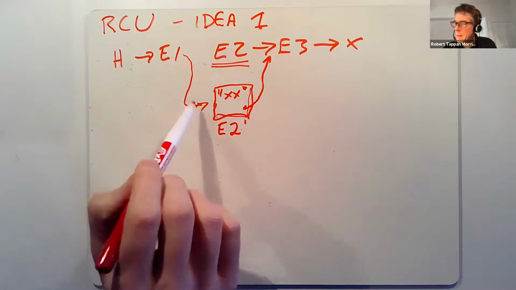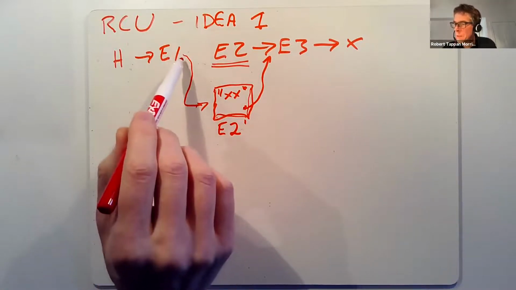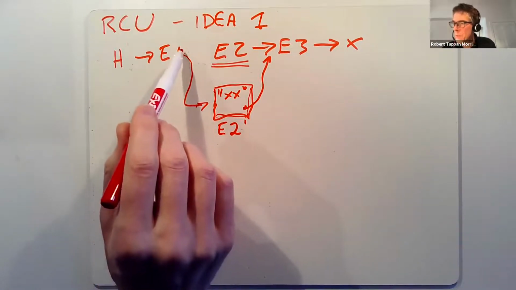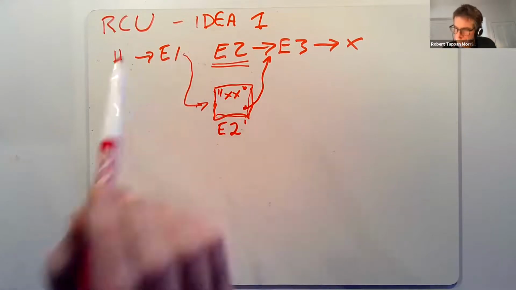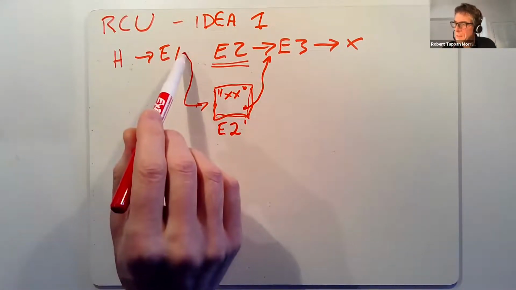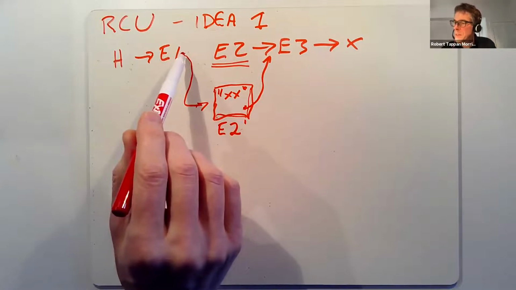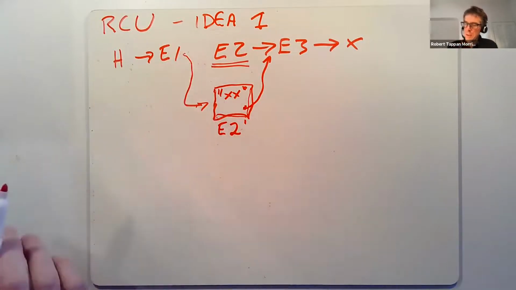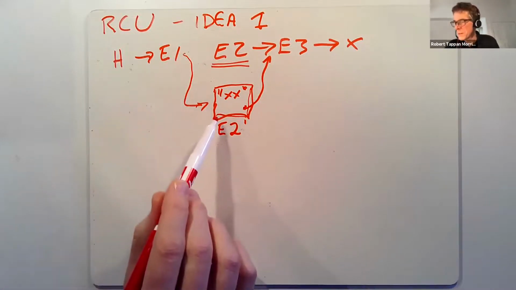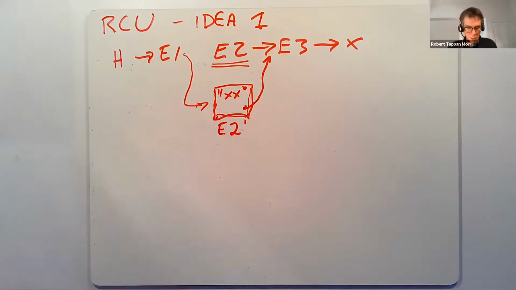Because they're atomic, with that one atomic store, it's an ordinary store, but it's indivisible, we switch E1's next pointer from pointing to the old one to the new one. And that write is what commits us to now using the second version.